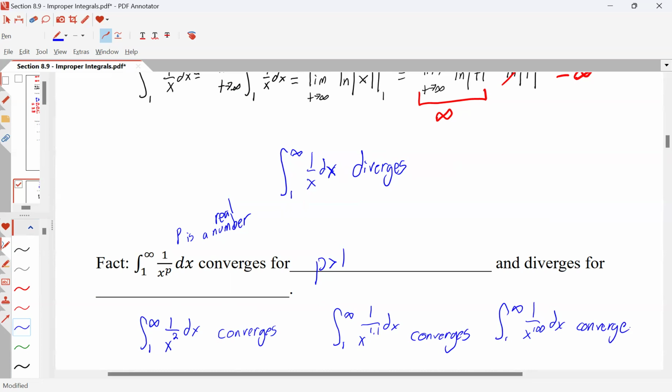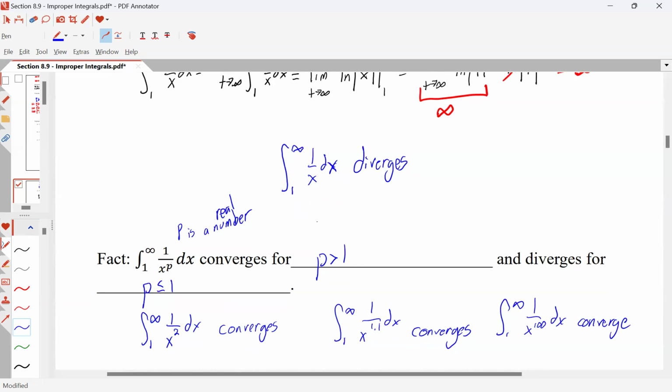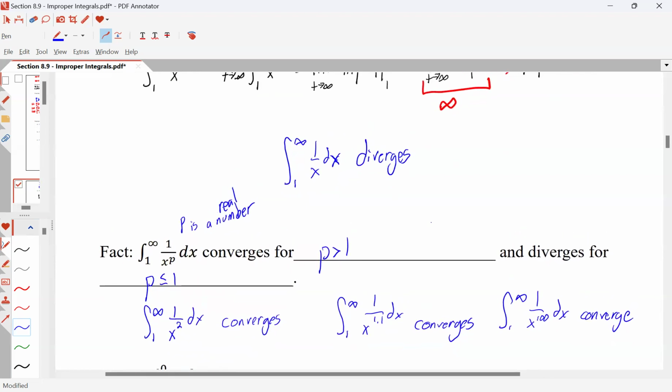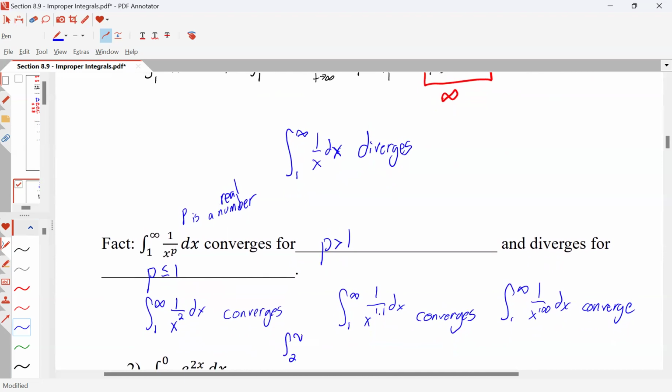And then it diverges if p is less than or equal to 1. So we see here the integral from 1 to infinity of 1 over x dx diverges. We also would know the integral, we can start it even at 2, to infinity of 1 over the square root of x dx will diverge.